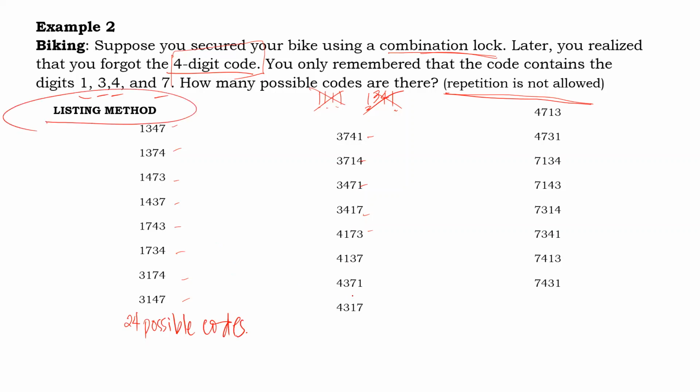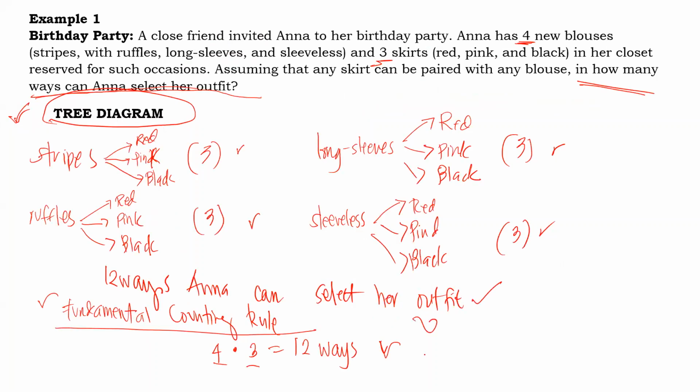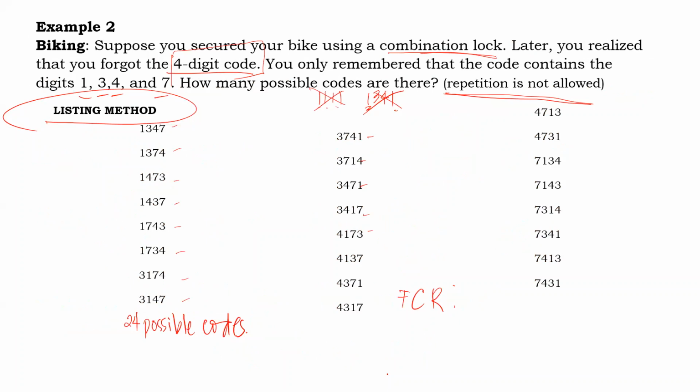Now, how do we solve this problem using the fundamental counting rule? Like earlier, this is the fundamental counting rule. With this kind of problem, you're going to use 4 digits, without repetition.